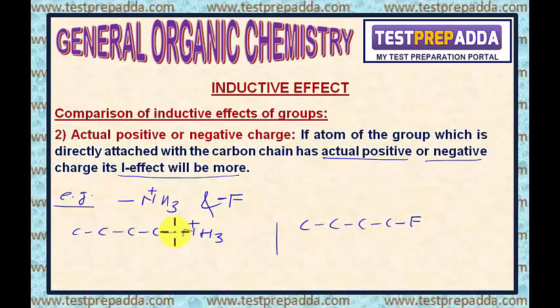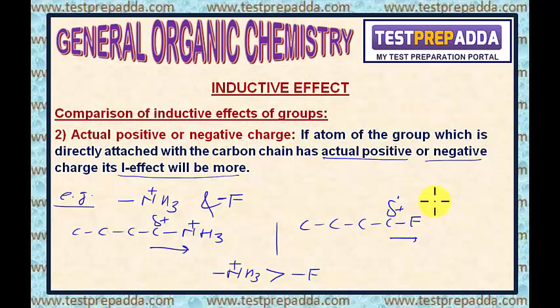Although F is more electronegative than nitrogen, here this NH3 group has got plus charge, and that is why its minus I effect, means electron pulling tendency, will be greater than F. The electron pulling tendency of NH3 plus is greater than F, and that is why the delta positive which will be developed here will be greater than the delta positive developed here. My point is clear?